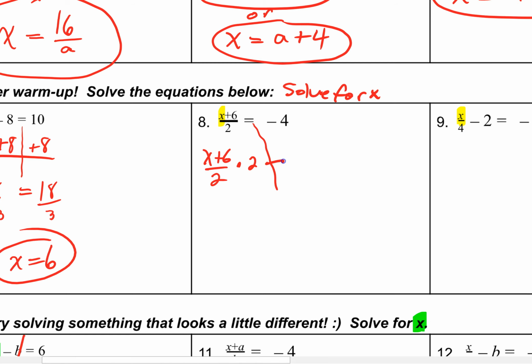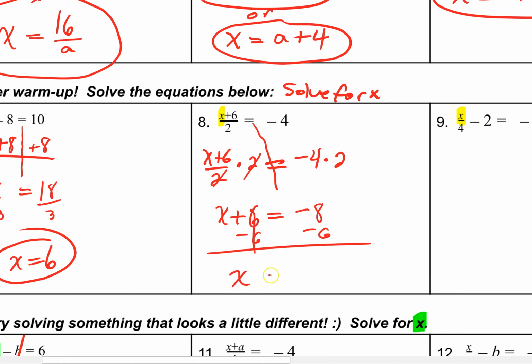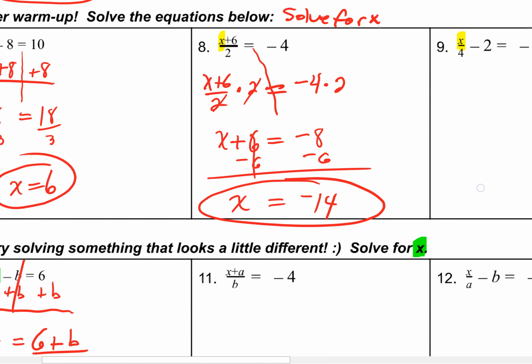So what you do is you actually undo that division of 2. Might remember us doing that for a number of modules. And -4 times 2 is -8. And then right here we've got x plus 6 equals negative 8. Well, how do you undo a plus 6? Well, you got to subtract a 6. Negative 8 minus 6 is going to get you negative 14. You can check that with the calculator if needed.